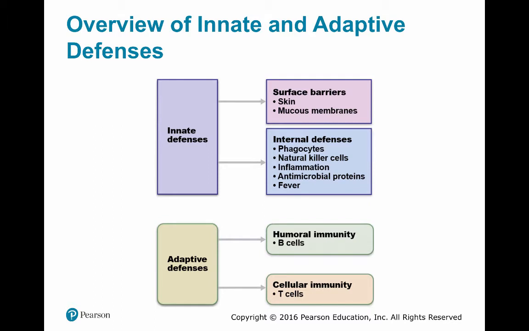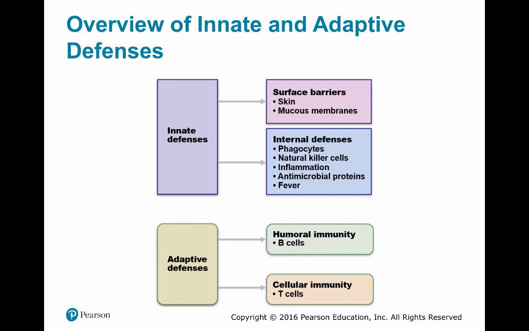Now, when we're reviewing innate and adaptive defenses, innate defenses are those things that, like I said, happen quickly. And so surface barriers, when we're talking about the external part of the skin, or mucosal membranes in the mouth, the respiratory system, or the stomach, any of those, are the barriers between the outside and the inside of our body.